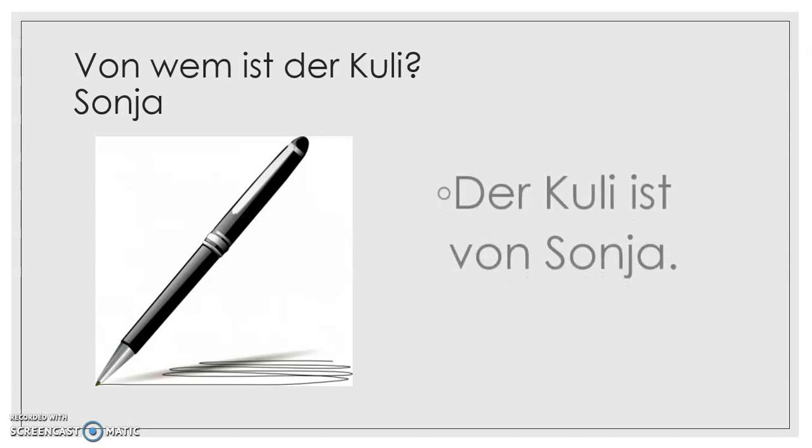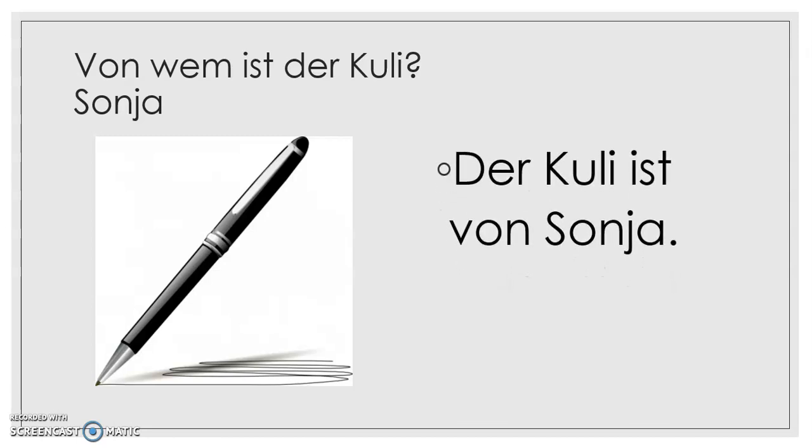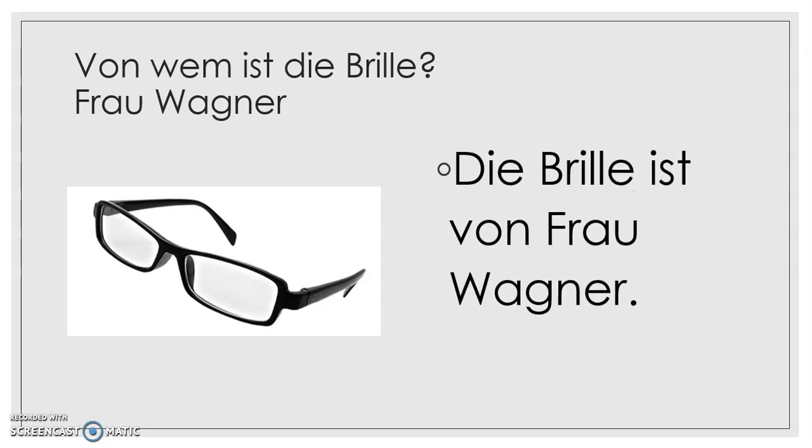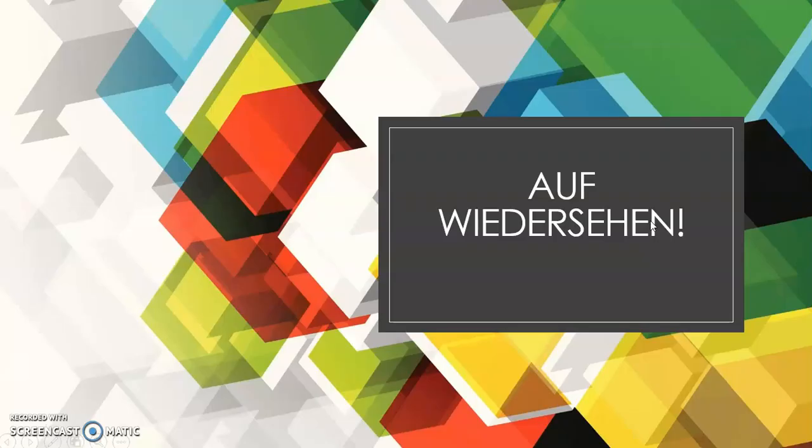If you said, "der Kuli ist von Sonja," you're on the right track. The pen is of Sonja. So, "von wem ist die Brille?" "Die Brille ist von Frau Wagner" would be the answer. Because even though it's a teacher, we would still say the glasses are of Frau Wagner.